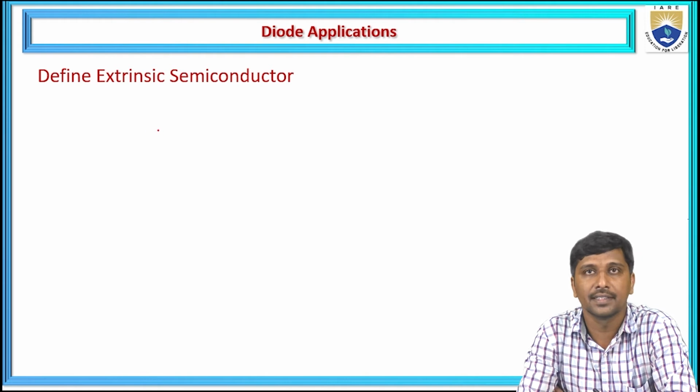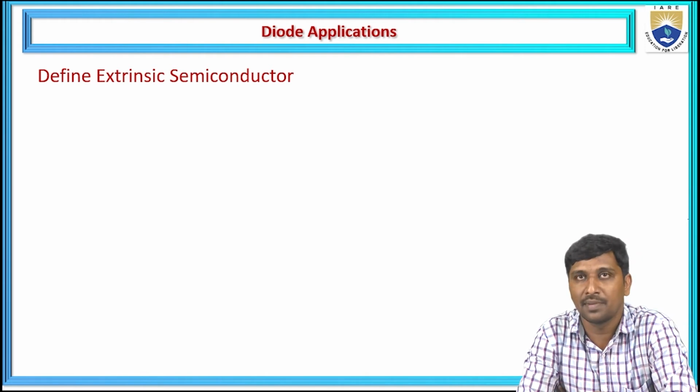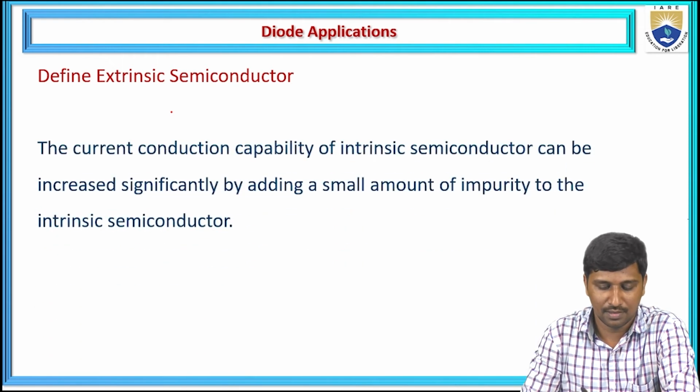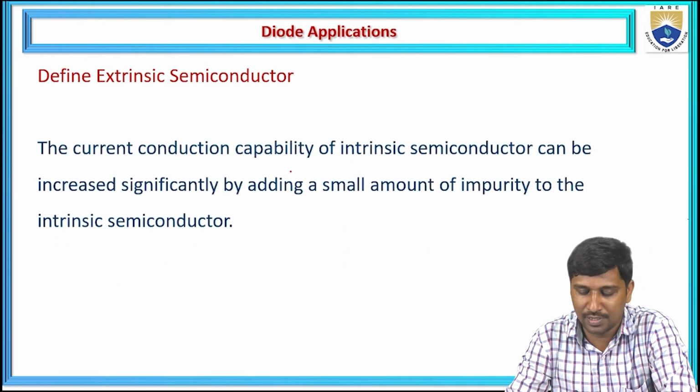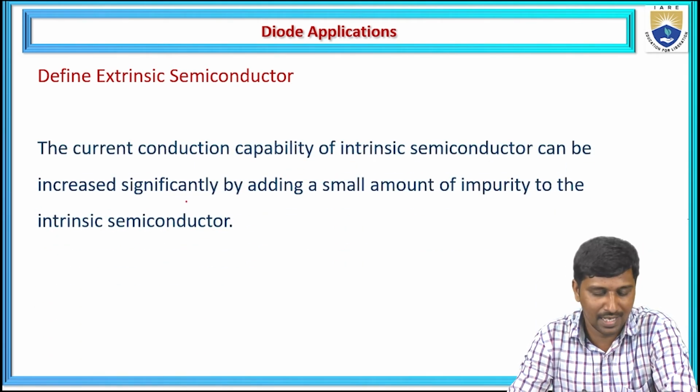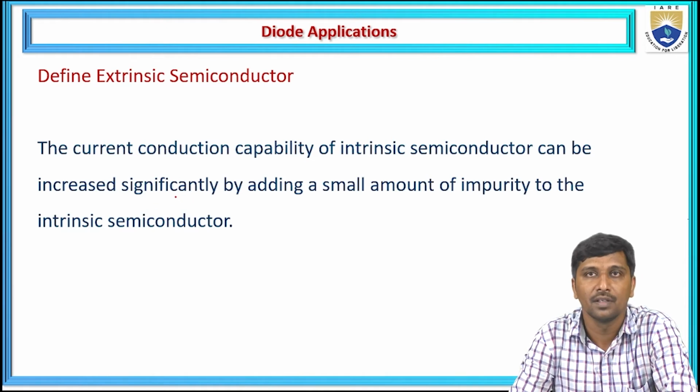Now define extrinsic semiconductor. If you add some impurities to a pure semiconductor, it becomes an extrinsic semiconductor. The current conduction capability of an intrinsic semiconductor can be increased significantly. If you want to increase the conductivity of the semiconductor, we need to add some impurities to the intrinsic semiconductor, either silicon or germanium.